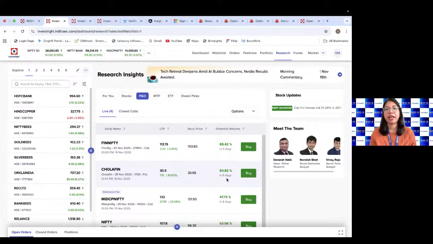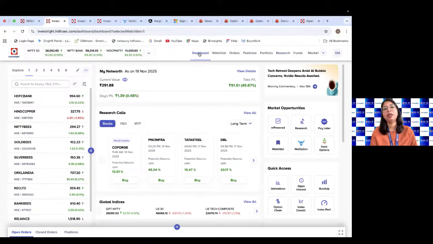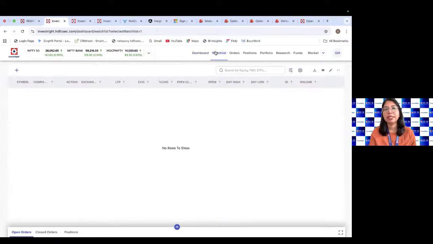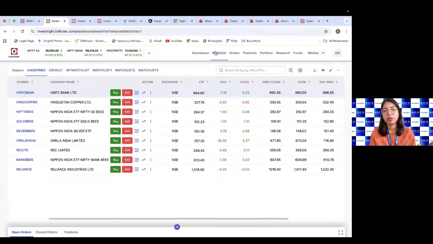So we have enabled a lot of features where you can do informed trading, or make informed decisions, and based on that, when you place the orders, you can succeed. Whenever you are trading in F&O, it is very, very important to make informed decisions. The product is a little bit complex, but when you understand it, there is nothing like it.